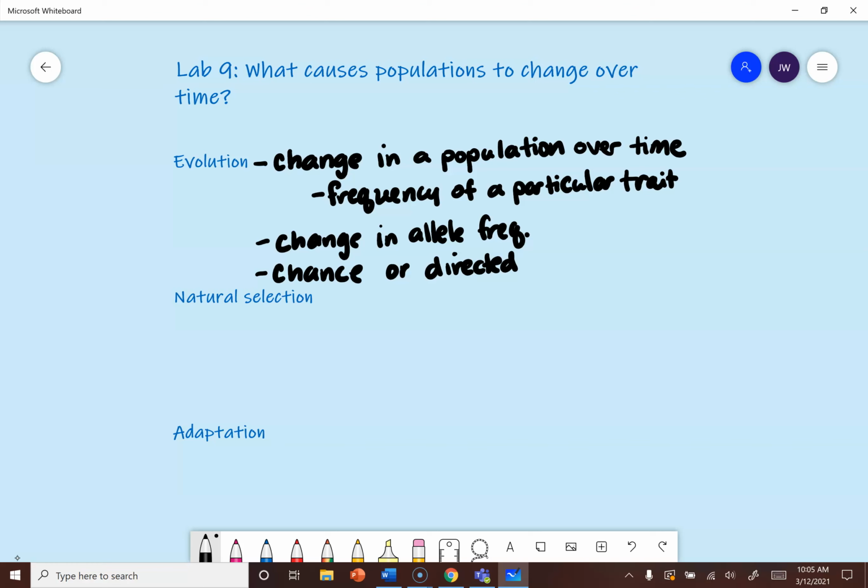However, very commonly, evolution is a directed process, and it is directed by natural selection.